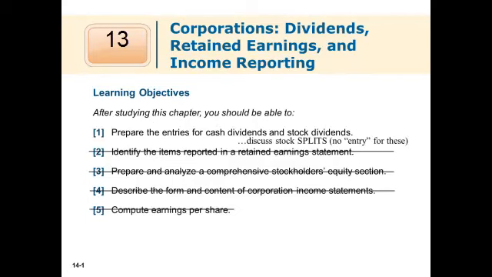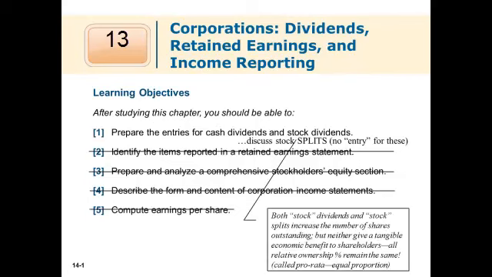I also want to discuss stock splits. Now, for cash dividends and stock dividends, we'll make journal entries, but for stock splits, there's no entry made for that event. Both stock dividends and stock splits result in an increase in the number of shares of outstanding stock, but neither gives an immediate tangible economic benefit to shareholders, since each shareholder receives a pro rata or equal proportion of shares that they already owned.